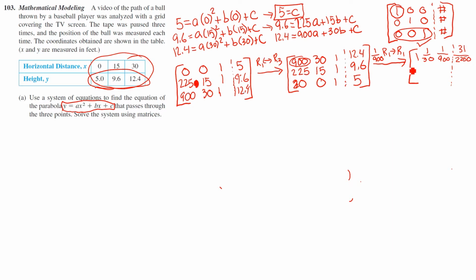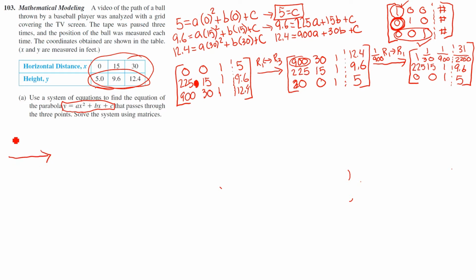Now, the second row is going to remain the same, and the third row will remain the same. So we have that 1. Now, our next step is to get this 0 right here. So I have 225. Once again, you're going to put all this in your calculator. You don't have to actually do any of the math in your head.